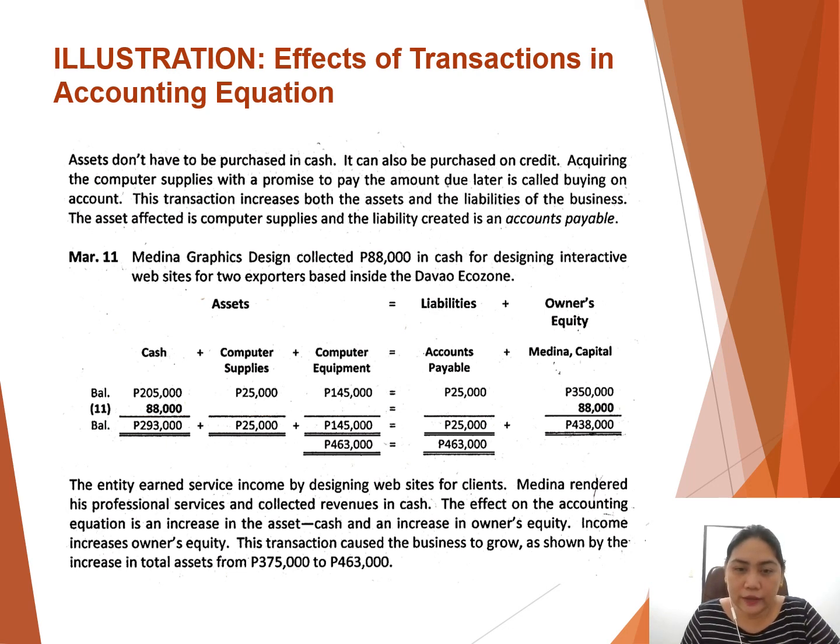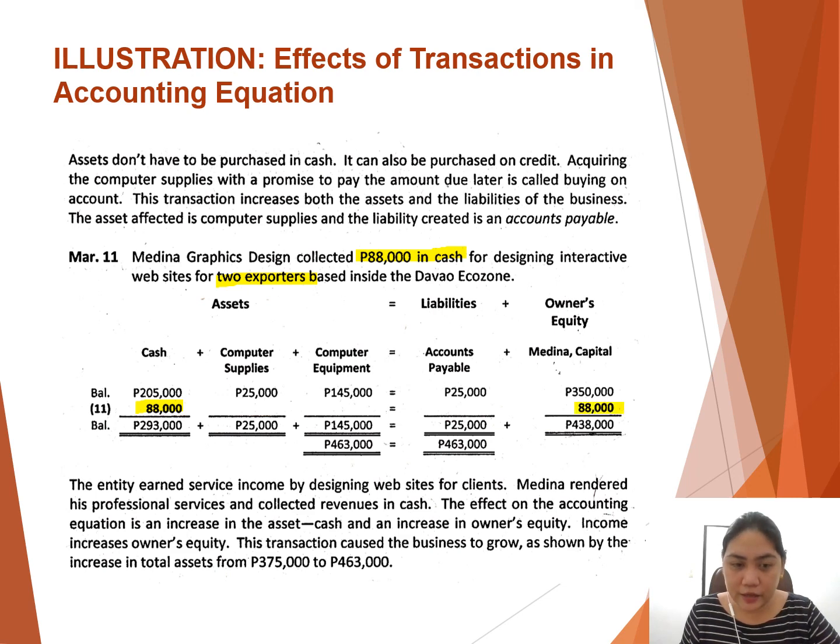Ayan, nakakolekta daw ng 88,000 na cash. Bakit? Nag-design ng website sa 2 exporters. So, therefore, nag-render na siya ng service. At binayaran siya. So, alam nyo na to yung balance. Ano na lang ang effect? Ang effect, nadagdagan yung cash at nadagdagan yung capital.